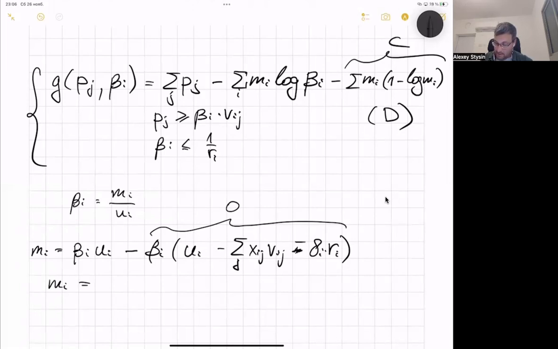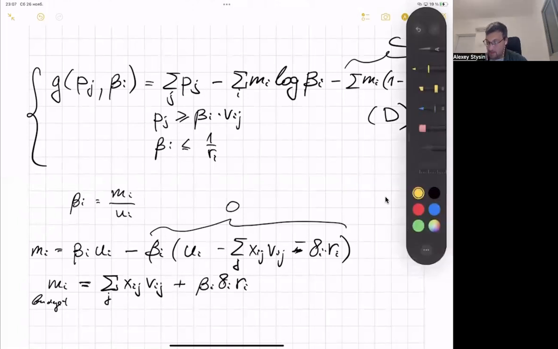This should be minus, the budget, this is the budget, it should be equal to sum of xij vij plus beta i delta i ri. This is the sum over j's.